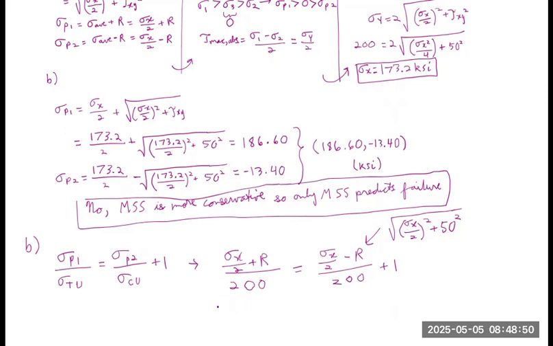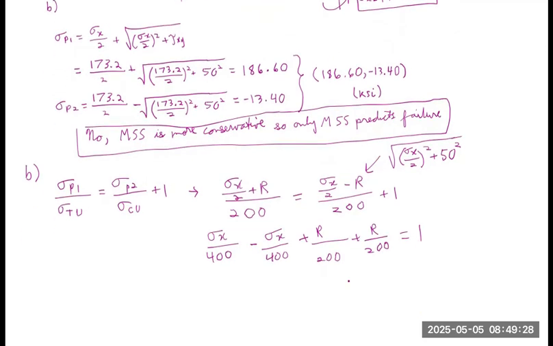So we can do sigma x over 400 minus sigma x over 400 plus R over 200 plus R over 200 is equal to 1.